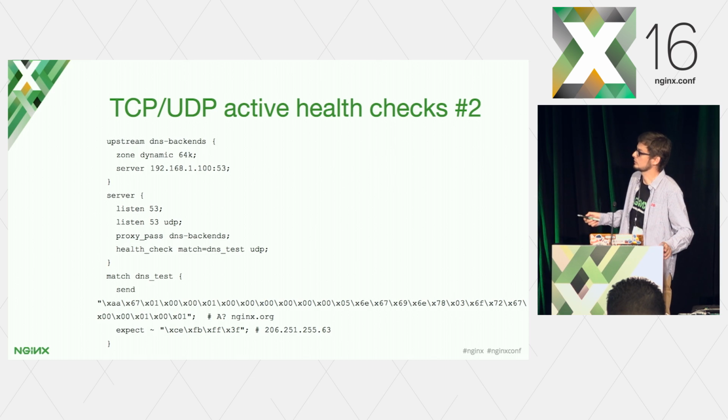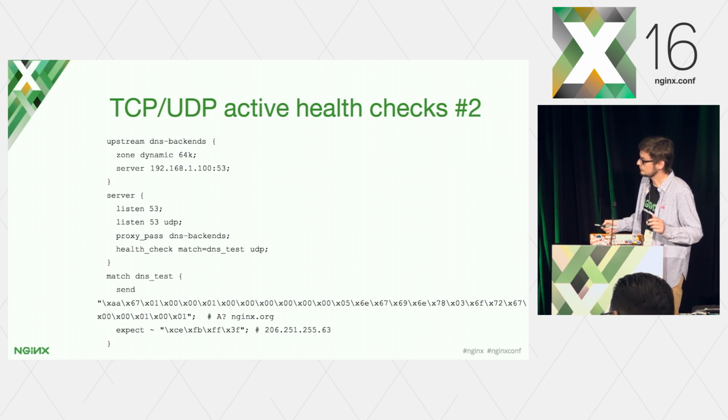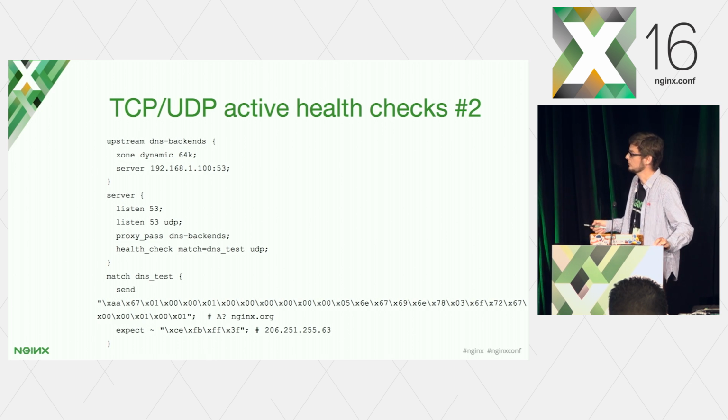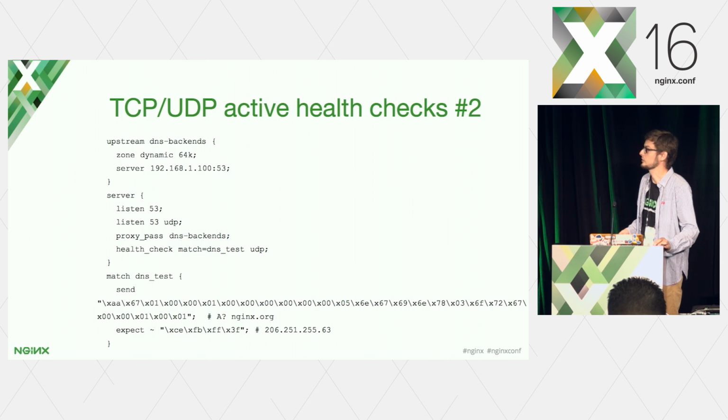In this particular configuration, what I'm doing here is I'm sending the server a payload that asks for an A resource record for nginx.org. Well, you can actually check that in tcpdump, for instance. And I'm expecting the server to reply with one of the IP addresses that are in the response.